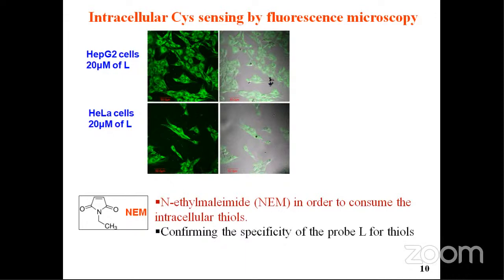Within the cell you can see the fluorescence, but how do you know whether it is selectively reacting with the thiol, that means the cysteine? For that I have done a confirmation study.